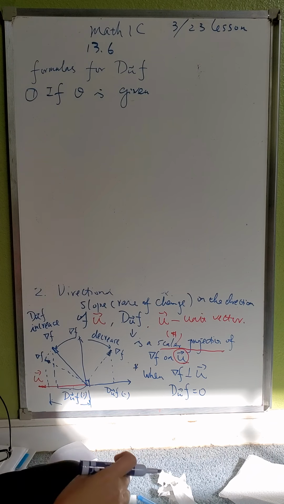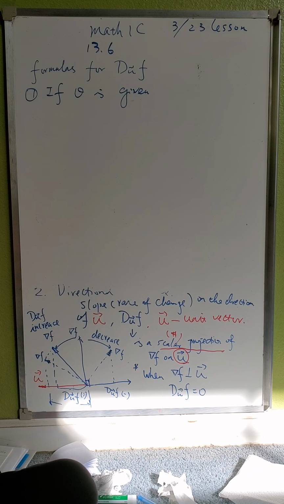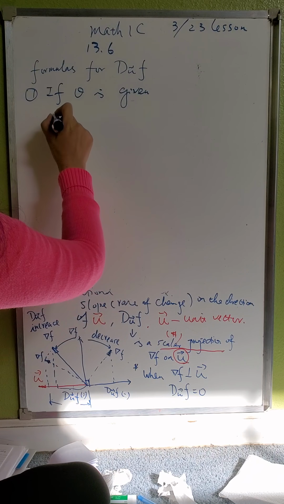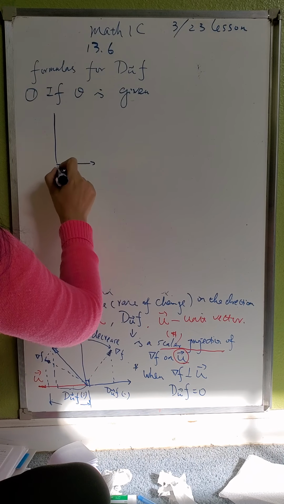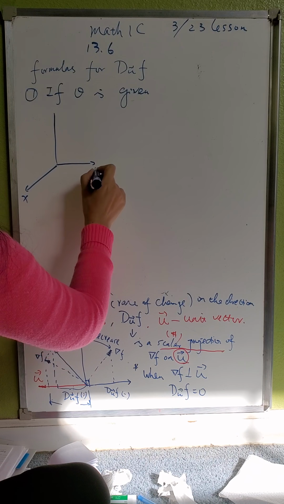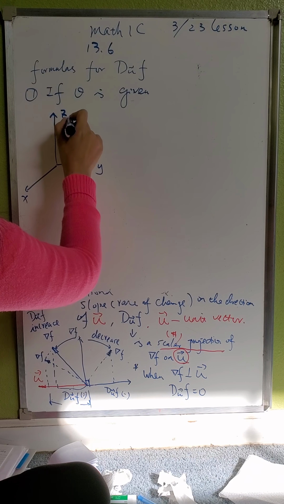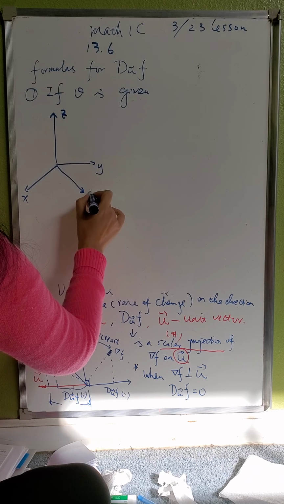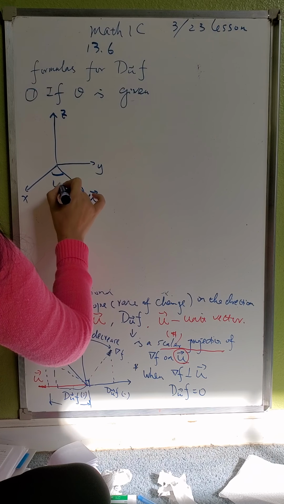Here is your theta. Your theta is the angle between u and the x-axis. Let me draw this quickly using x, y, z. Here's a vector, the direction u, and this is my theta.